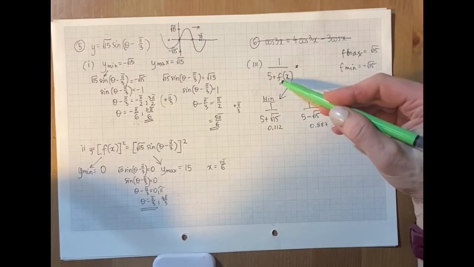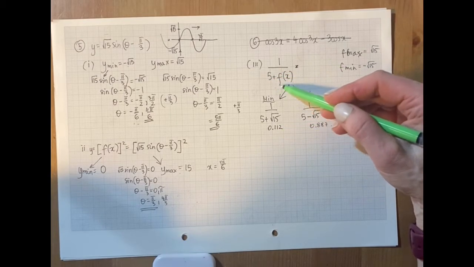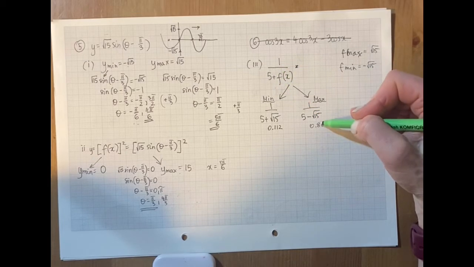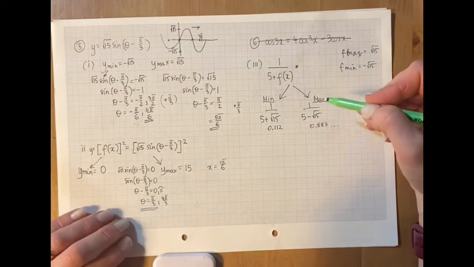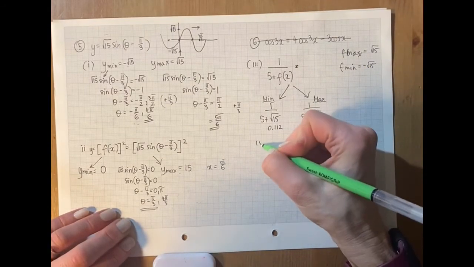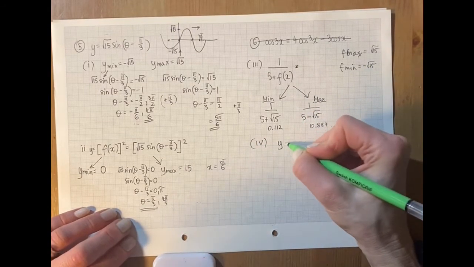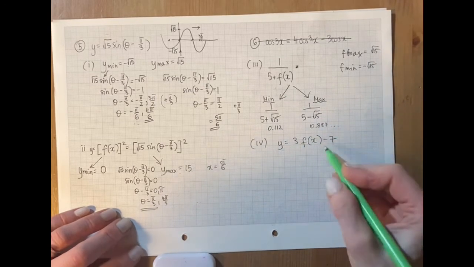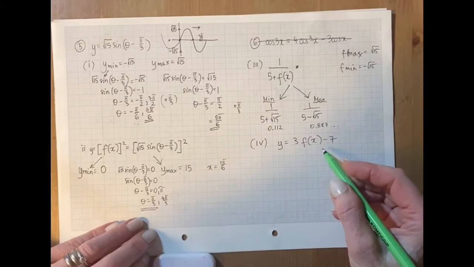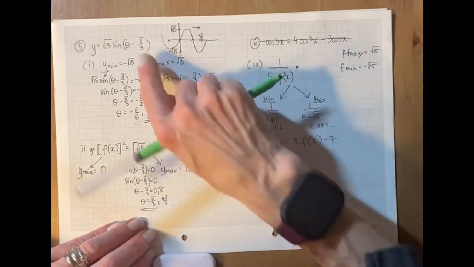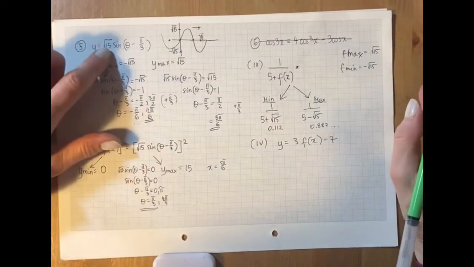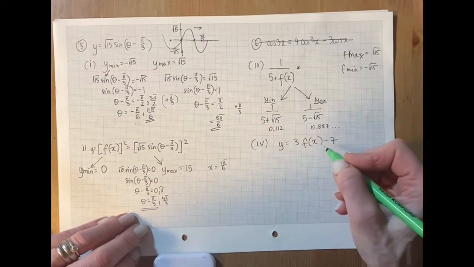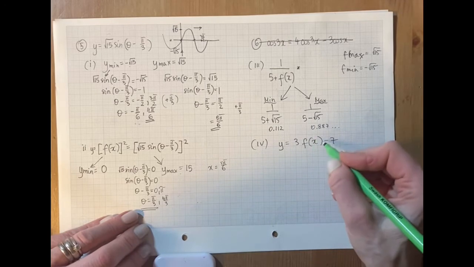And over here, when we took it away, we created a smaller denominator. When you divide by a smaller denominator, that grows bigger. So that one is the maximum. And the last one here, you've got this expression, 3 f of x minus 7. This is connected to transforming graphs. If you have this function, really you just need to think, I need to transform the maximum and minimum value of y.